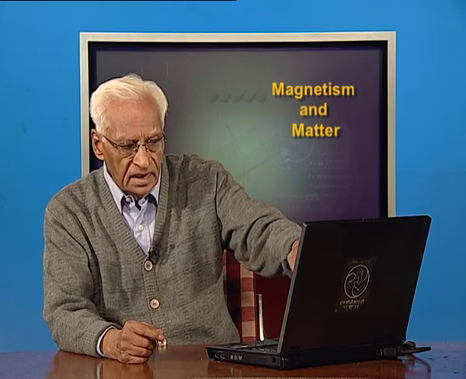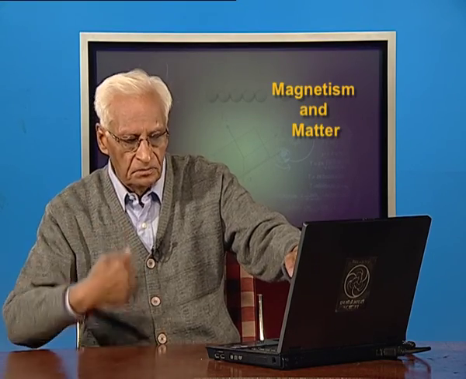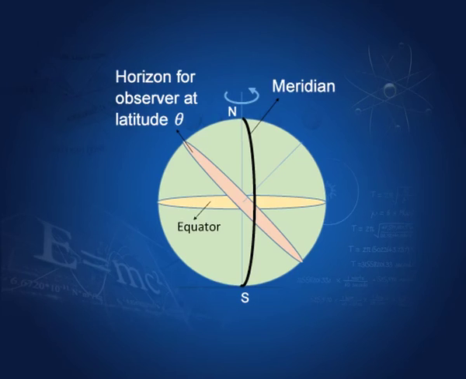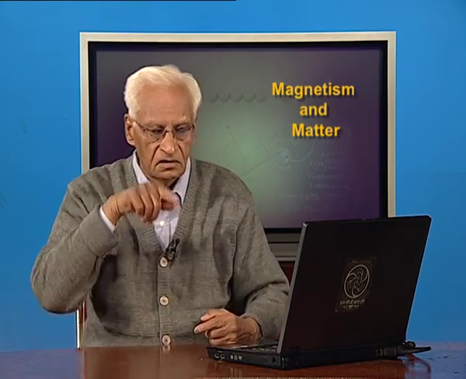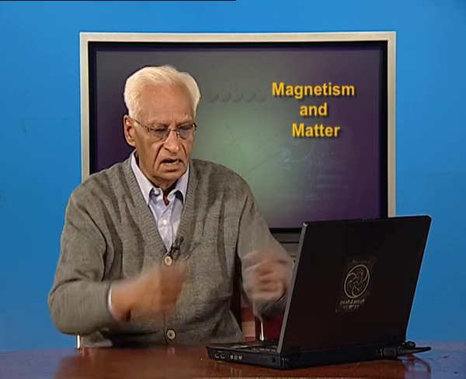Then a half circle joining N with S is called a meridian. It is half of a great circle. The full one would be a great circle.